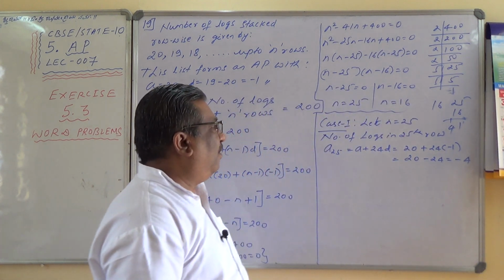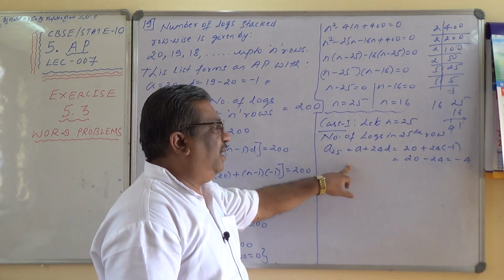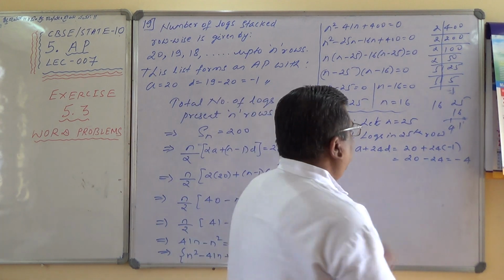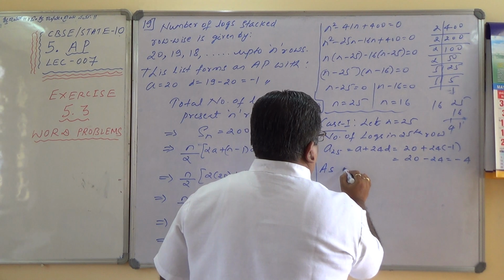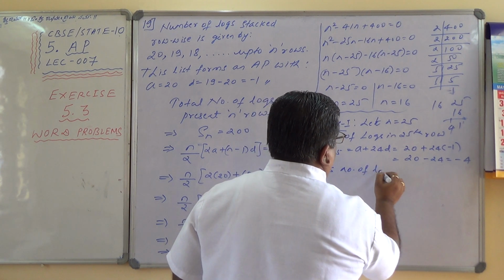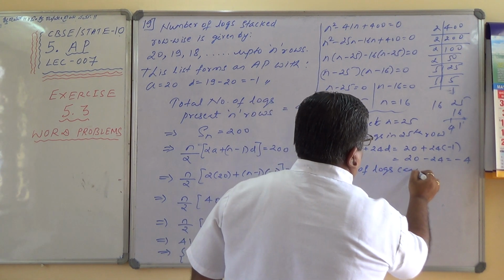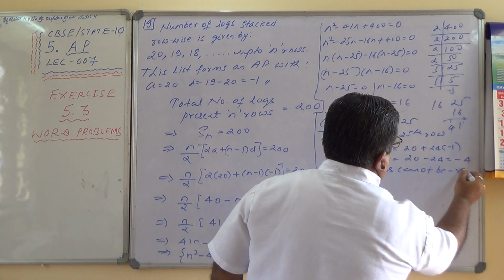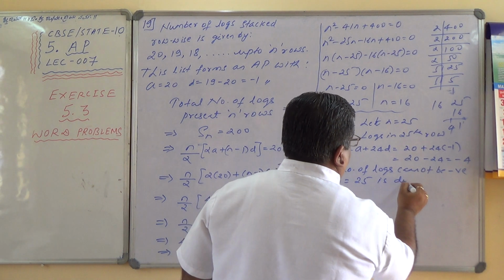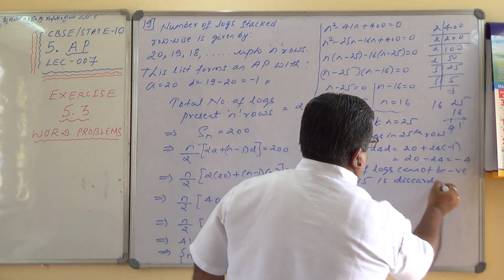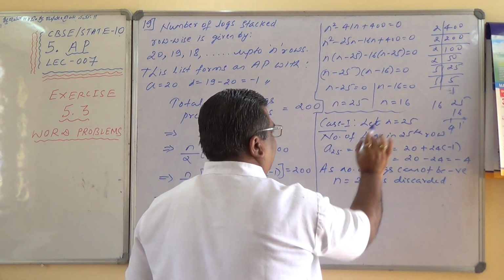Can the number of logs in a particular row be negative? Not possible. And hence we discard, as the number of logs cannot be negative. n equals 25 is discarded.